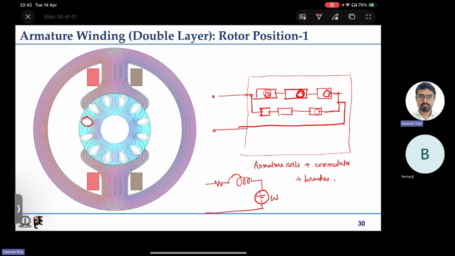That is all. The series or parallel combination of these individual coils will lead to this.